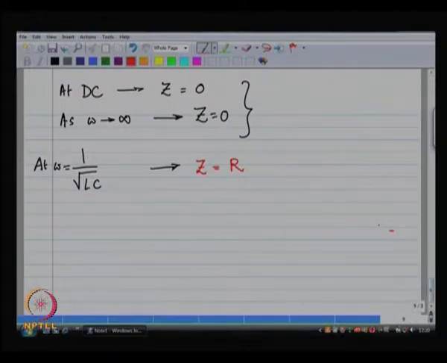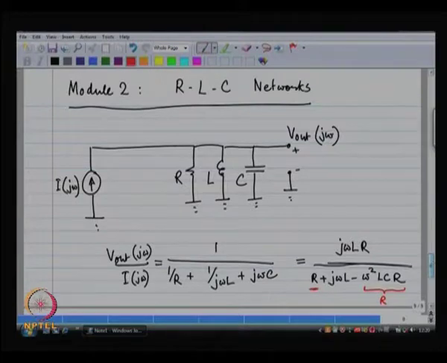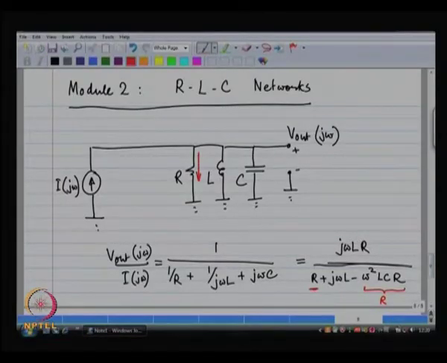So, this concludes our checking. So, this is my expression. Now, ordinarily this should be the end of the story, and this is where I should be concluding this module and going to the next chapter, but no, there is a lot to study in this. What we need to look at are the currents going through the resistor, through the inductor and through the capacitor at resonance.